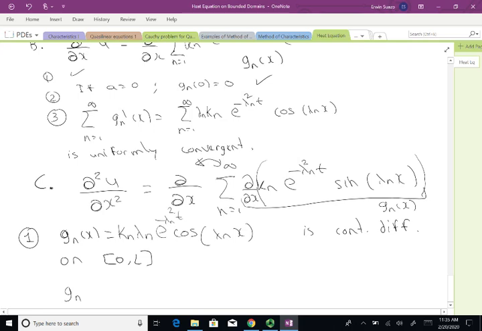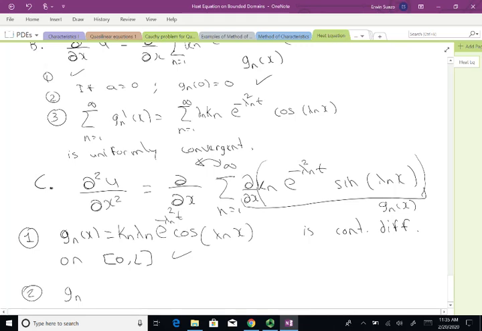Okay, because that's my g_n of x, that derivative. Okay, so is it continuously differentiable on 0L? Yes, because remember x is moving between 0 and L. T is different. T is all real numbers, but cosine is between 0 and L. Okay, so this is the first part, good.